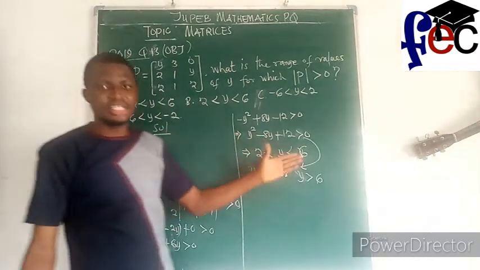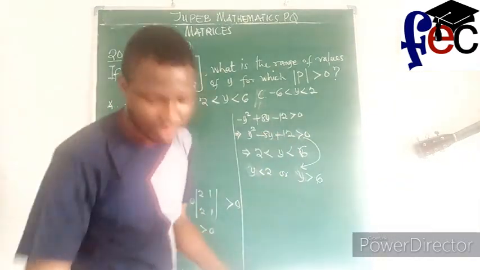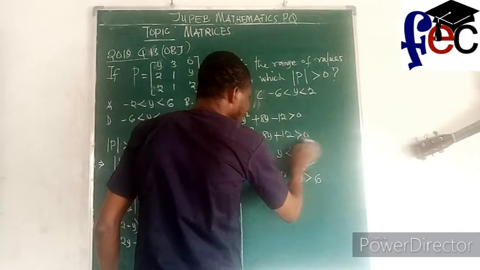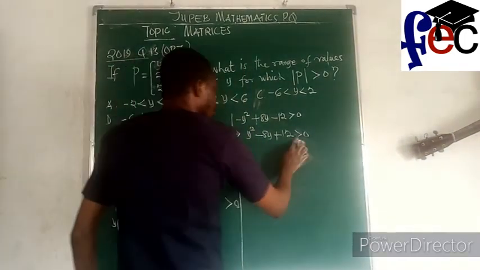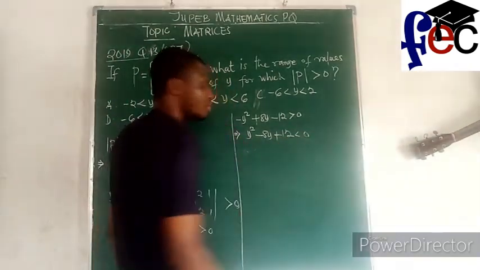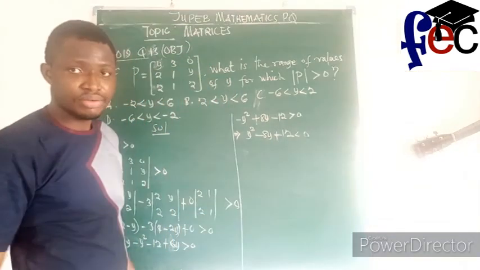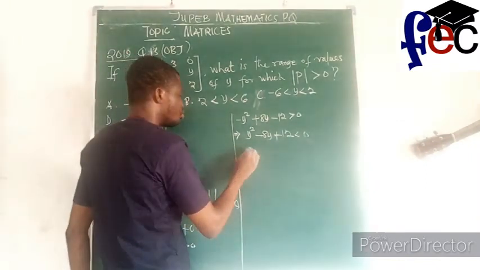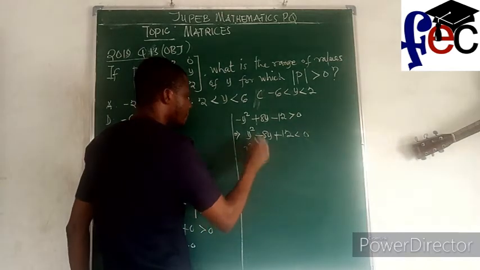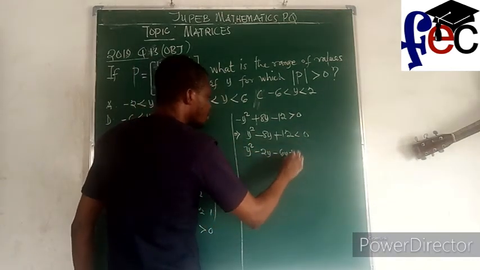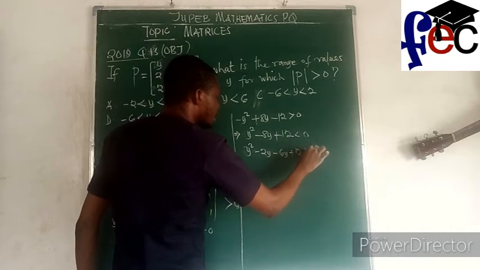Okay, but let's see the step-by-step approach to arrive at that answer, in case you are dealing with a theory question. So this is less than 0. We have y squared minus 2y minus 6y plus 12 is less than 0.